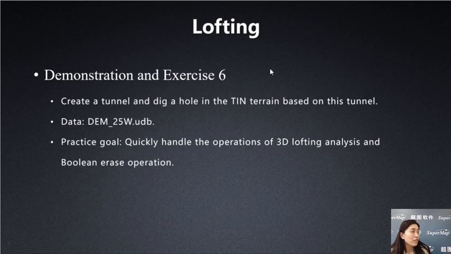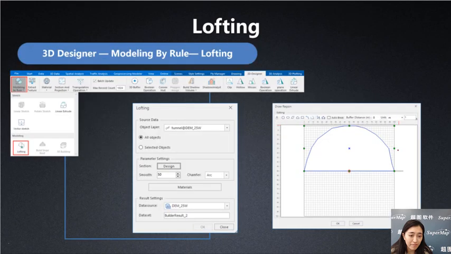So this is the Lofting Analysis. It's our exercise 6. And then let's review our Lofting Analysis. First, we create the 3D line as our terminal, and then do the Lofting Analysis to convert our 3D line to a closed model. The lofting is in the 3D Designer, in the modeling by rule, in the group of the modeling.